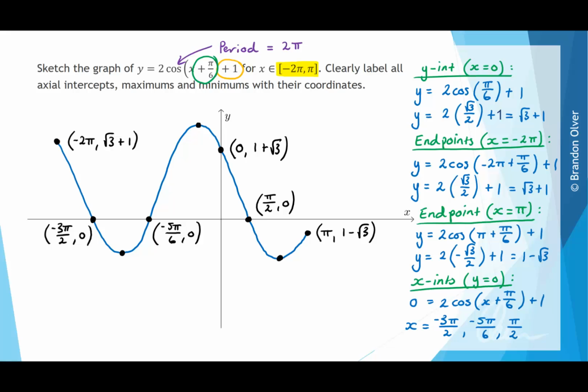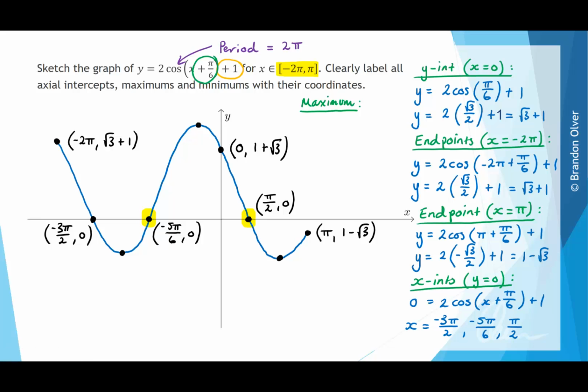Now all that's left is to find our maximums and minimums. To find the maximum, we can do that by finding the average or the midpoint between two of our x-intercepts. So this maximum sits halfway between minus 5 pi on 6 and pi on 2.